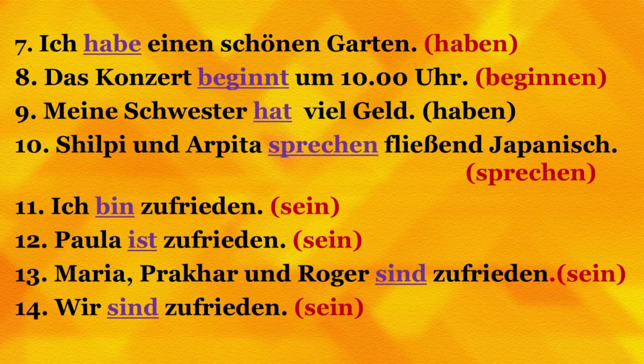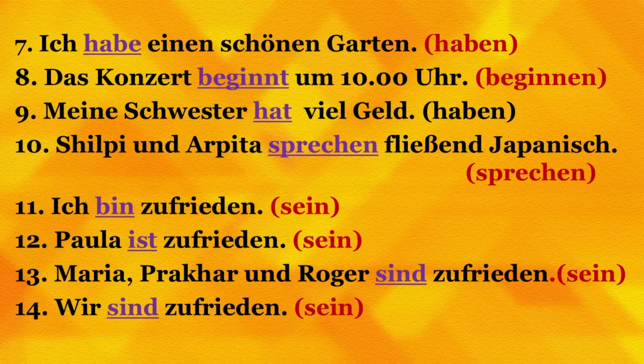Shilpi und Arpita dash fließend Japanisch. The given verb sprechen. So, because it is a plural case, dear learners, plural case means more than one is involved here. And you can see we are talking about two people, that is Shilpi and Arpita. Therefore, we will use the plural conjugation case and the sentence becomes Shilpi und Arpita sprechen fließend Japanisch.